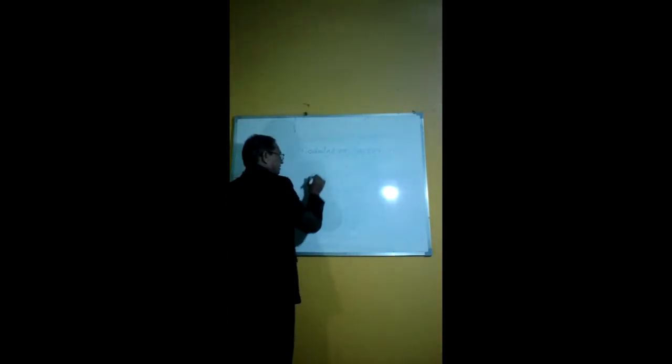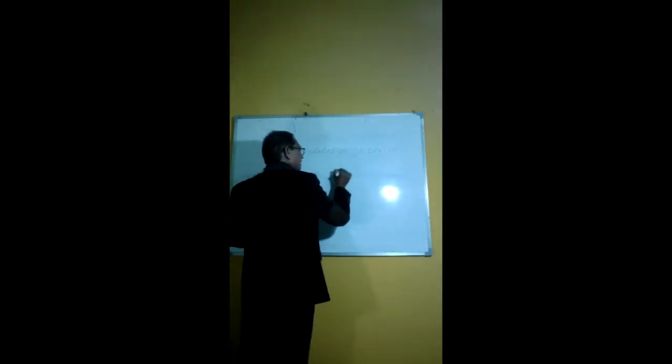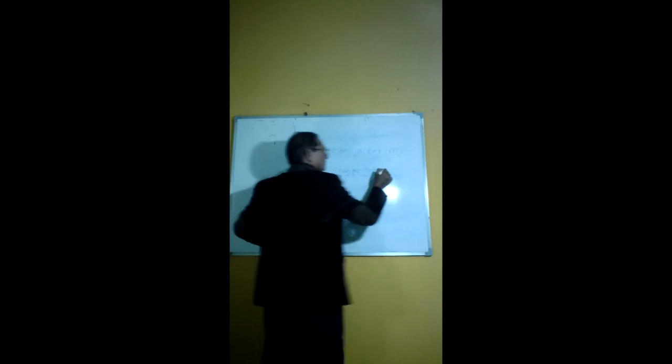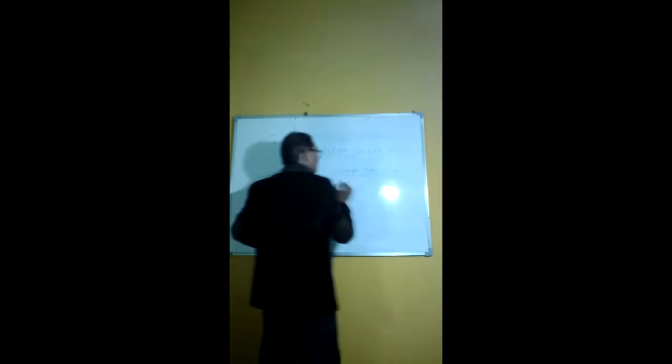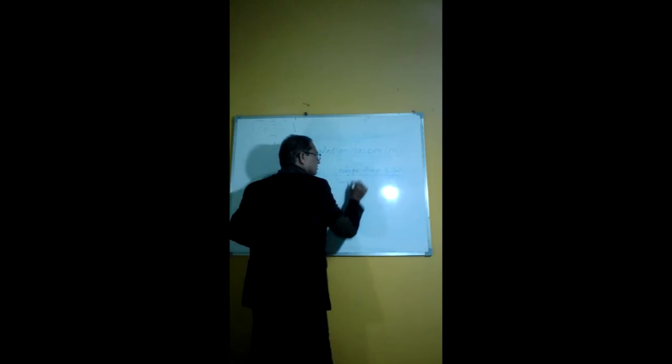Now, the definition of the modulation factor is: it is the ratio of the change in the amplitude of the carrier wave to the normal amplitude of the carrier wave.